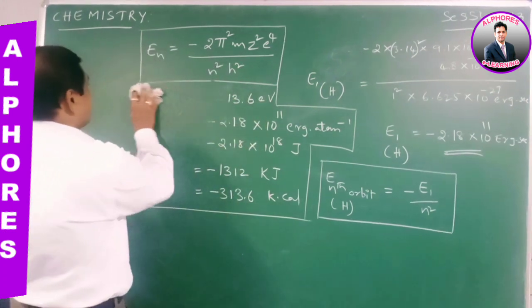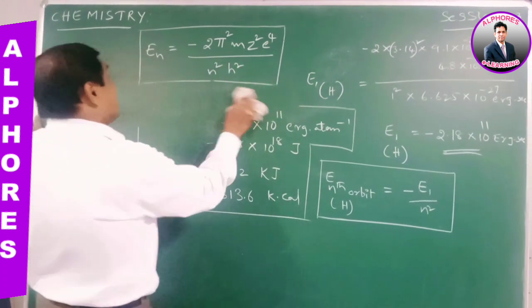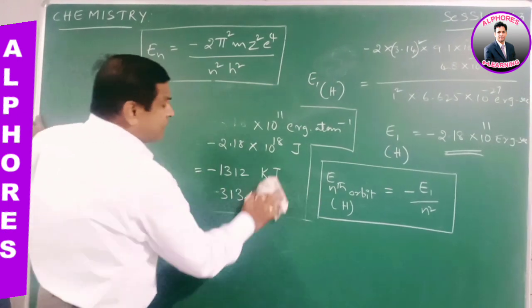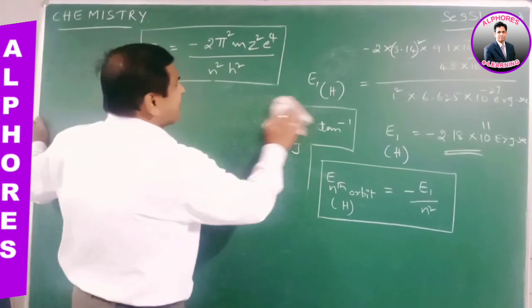Now let us calculate the energy of the electron in the nth orbit of species like hydrogen.